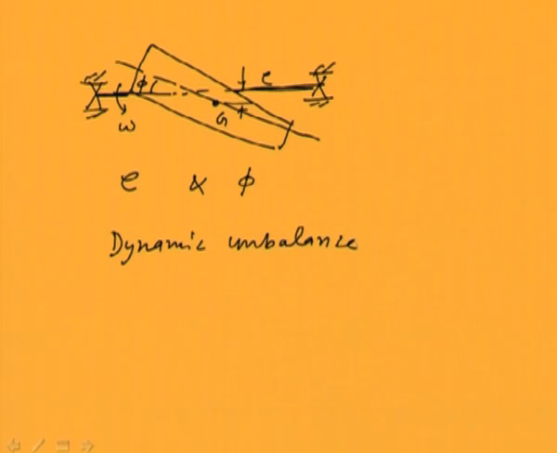So now we have eccentricity and also the inclination phi, both. This particular case is called dynamic unbalance, which is the superposition of the previous two cases.